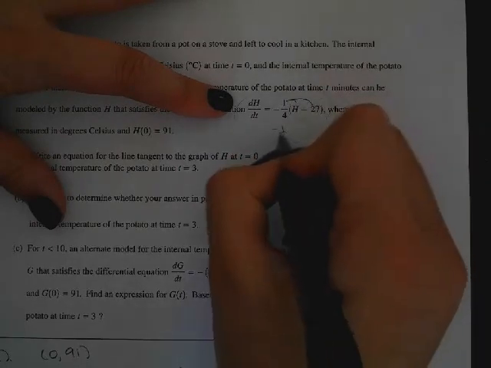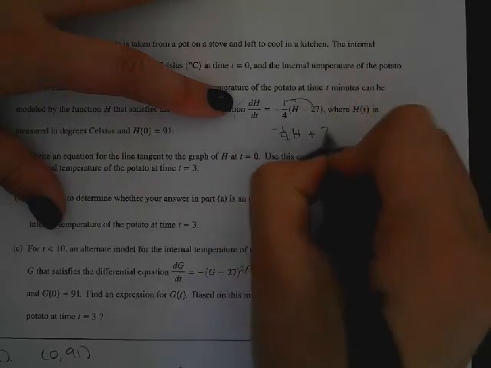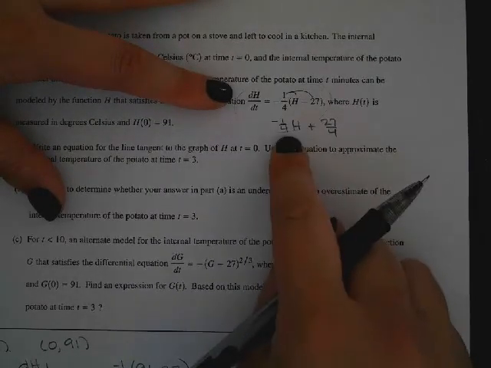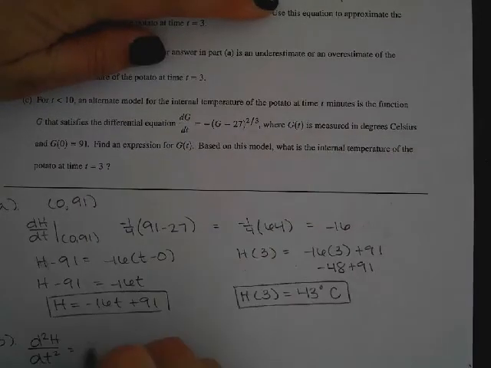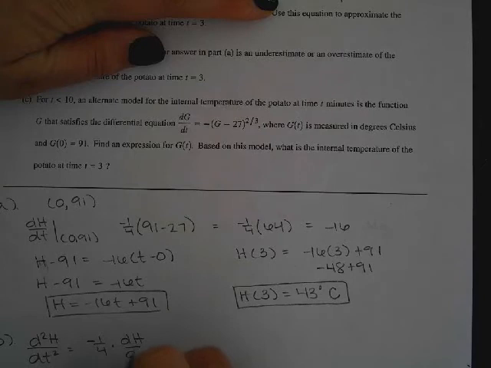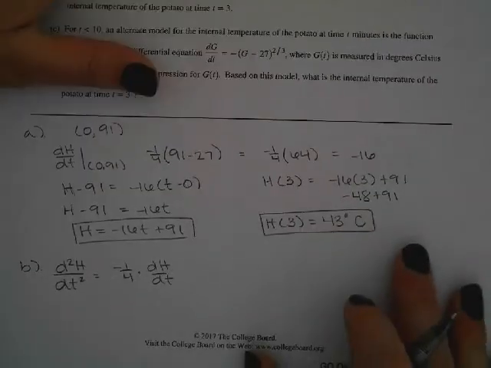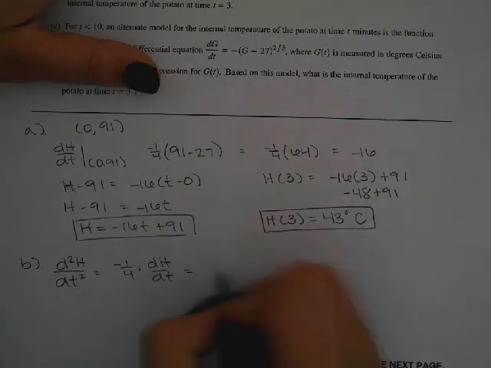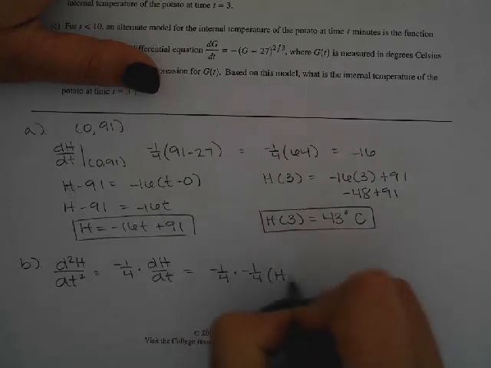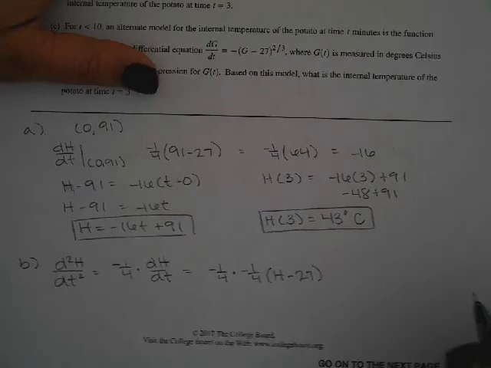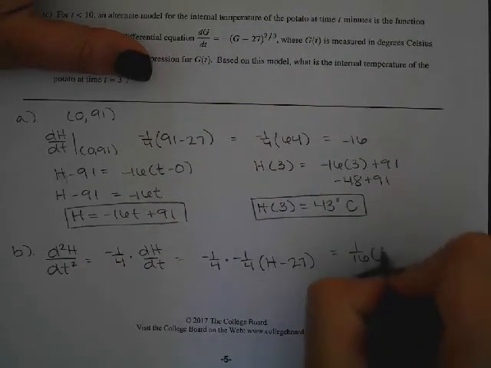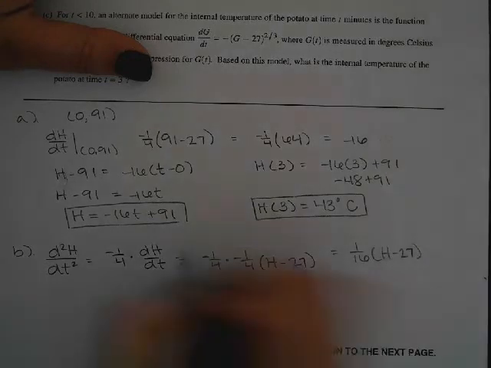So we've got negative 1/4 h plus 27/4. If I take the derivative of this, I get negative 1/4, and it's not just negative 1/4, it's times dh/dt. The first time I did the problem, I forgot about that part and I got it wrong. So this is actually negative 1/4 times negative 1/4 (h minus 27). And so the second derivative is 1/16 (h minus 27).